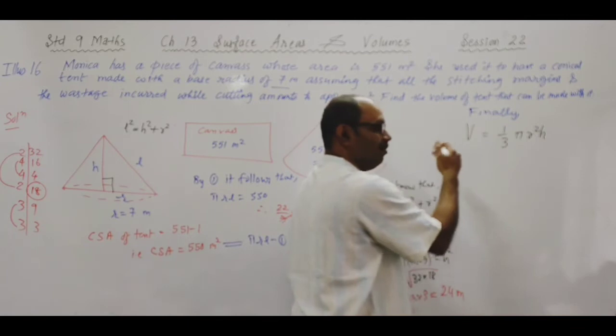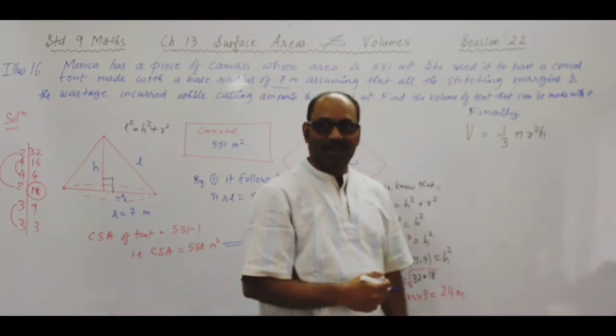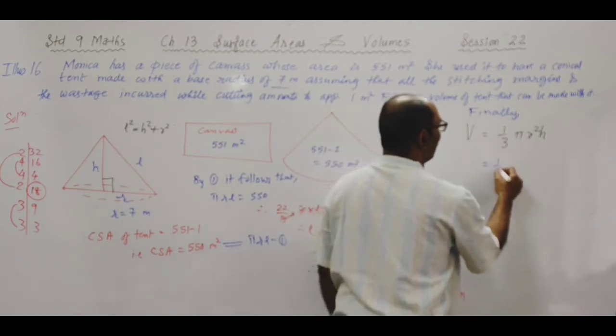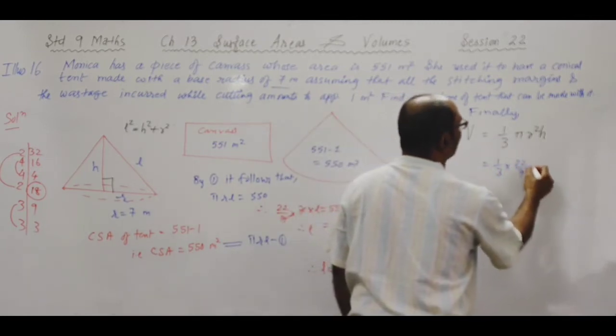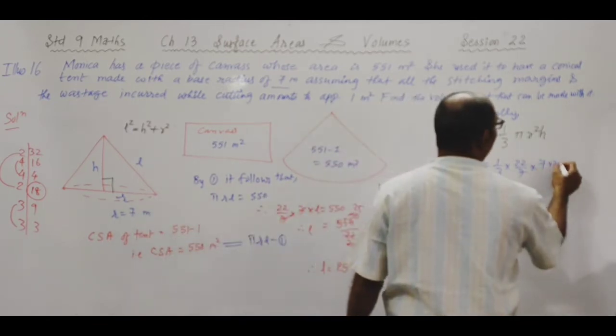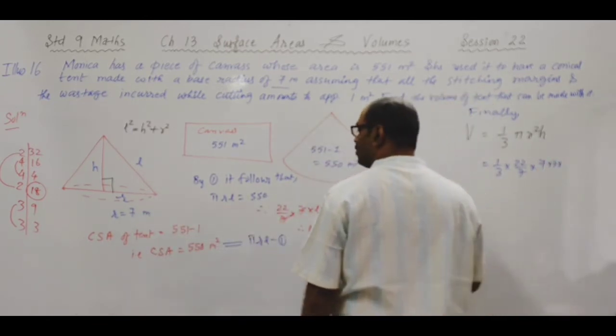Finally the volume, our target, which is 1/3 pi r square h. So 1/3 pi, of course 22 upon 7, r square, so 7 into 7, and into h, 24.